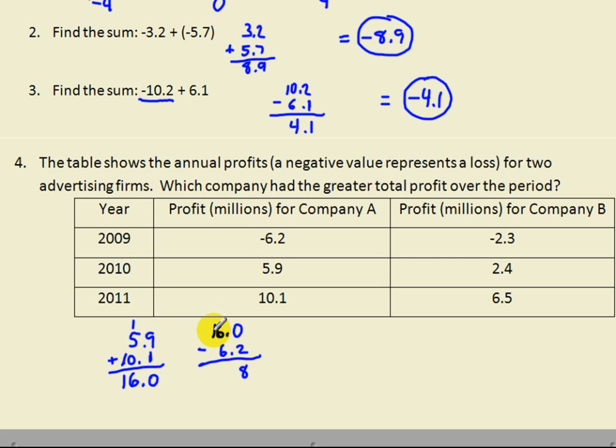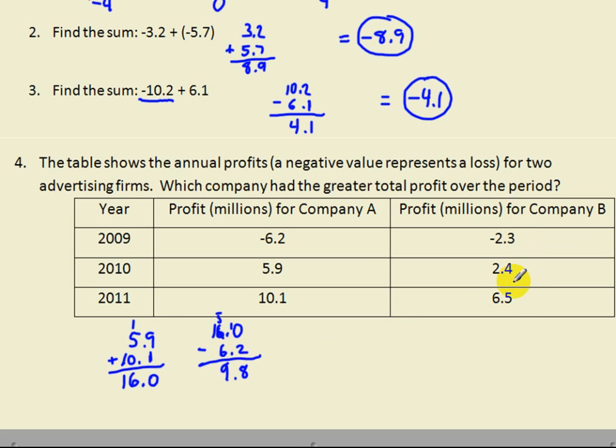So that's going to be an 8. That will become a 5. That was a 10. And then that's 9. Bring our decimal down. So we get a 9.8. And because the 16 is larger than 6.2 and the 16 was positive, our answer for how much they gained is 9.8, and that's $9.8 million.